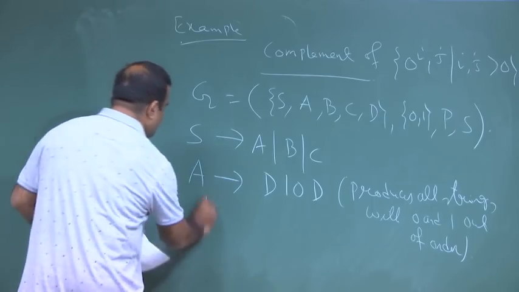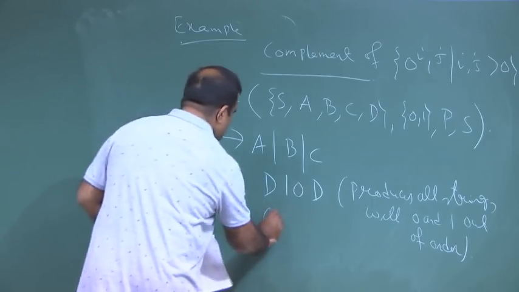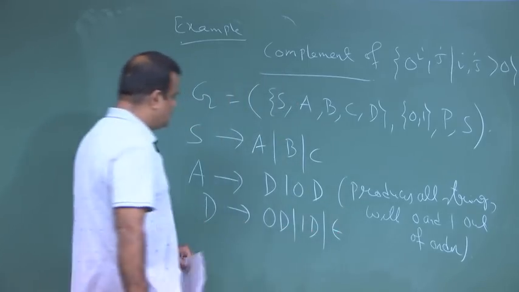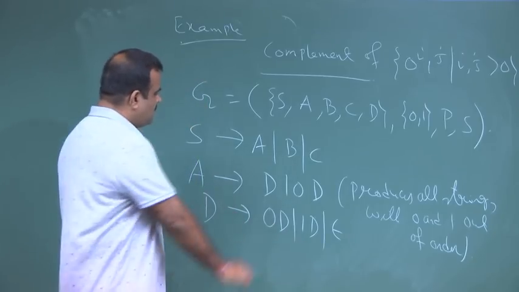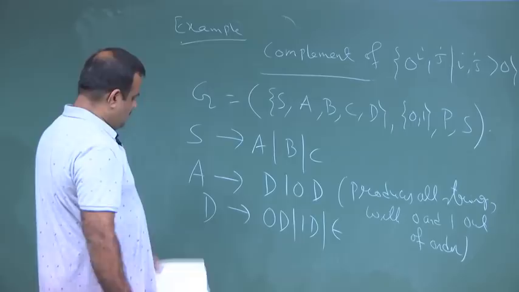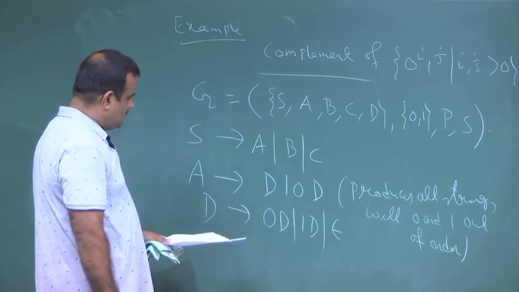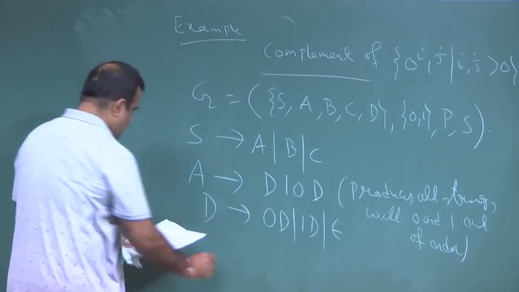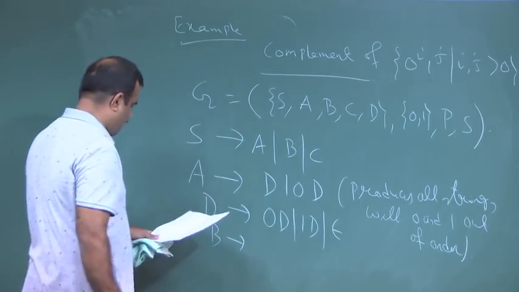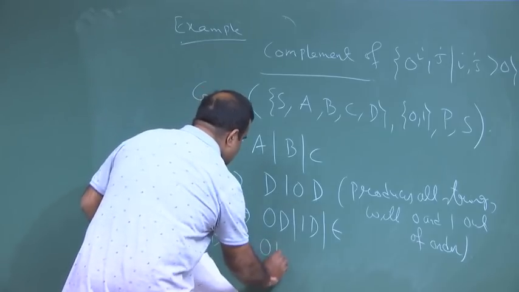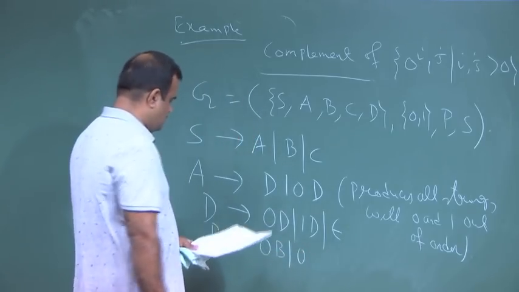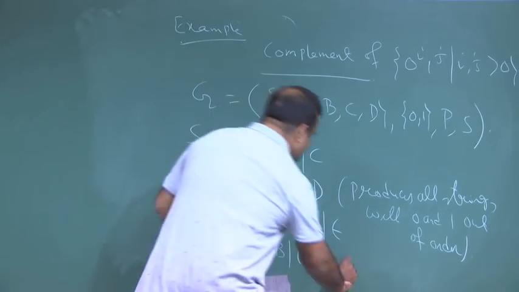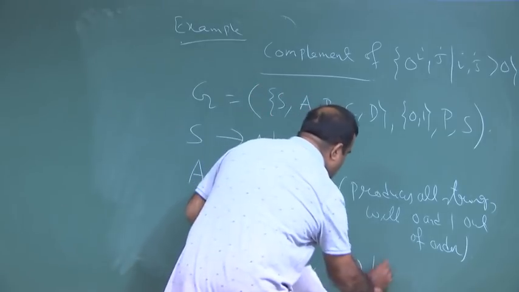And D is going to 0 D or 1 D or epsilon. So, it is either 0 strings or 1 strings, but we have 1 0 over here, which destroys that property. B is going to 0 B or 0, this is the 0 string, and C is going to 1 C 1.